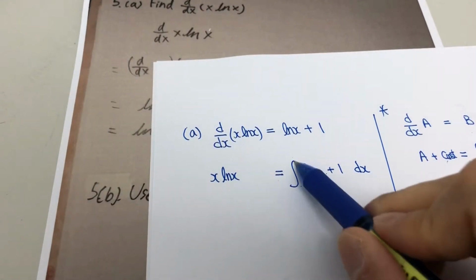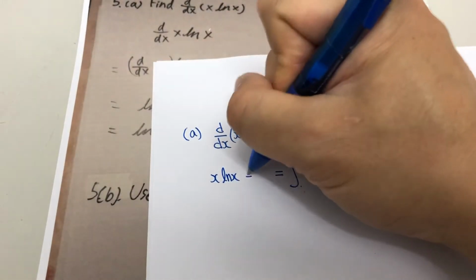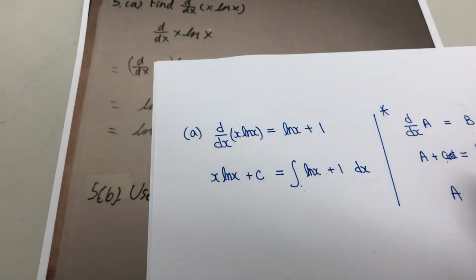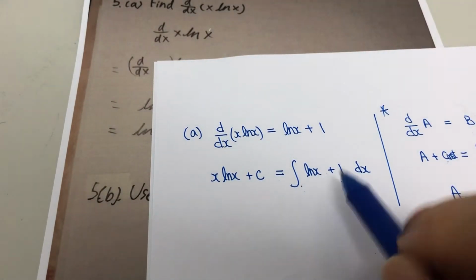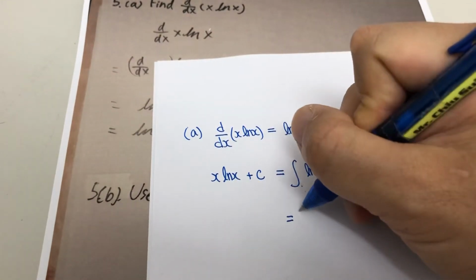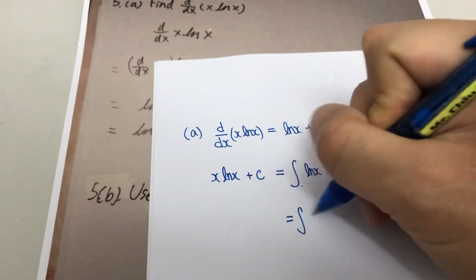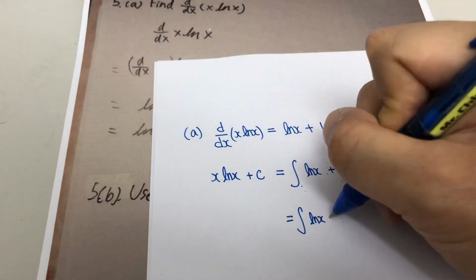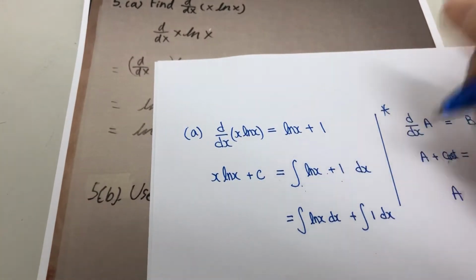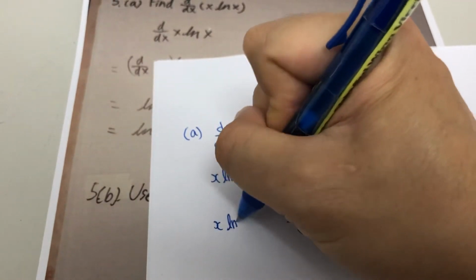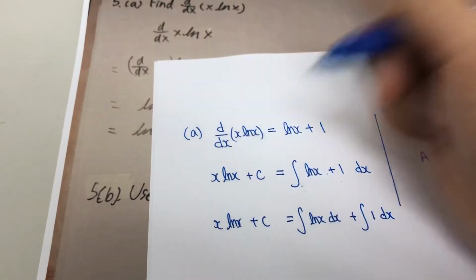Since there's no boundary, we have to add a constant, right? Okay, so this part, we could separate into two integrals. Integrate log x dx plus integrate 1 dx will become x log x plus c. Is that right?